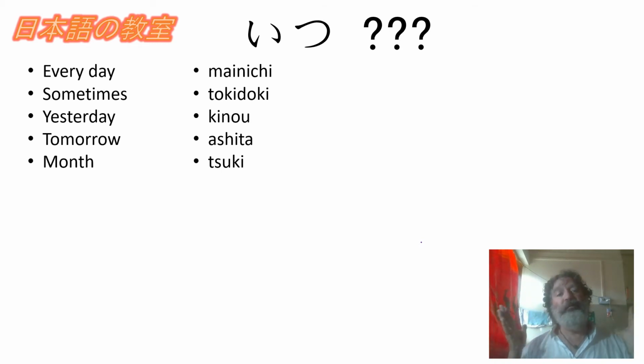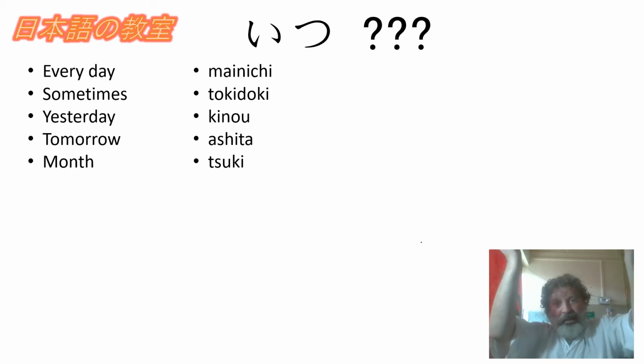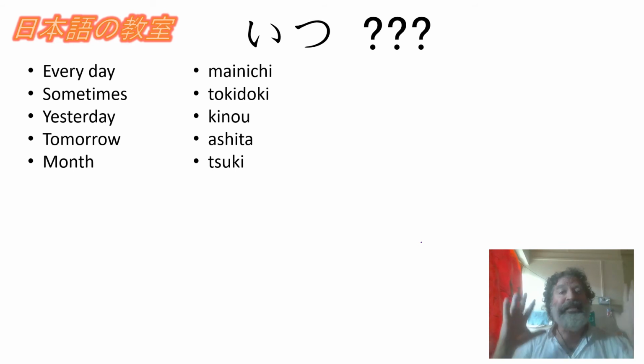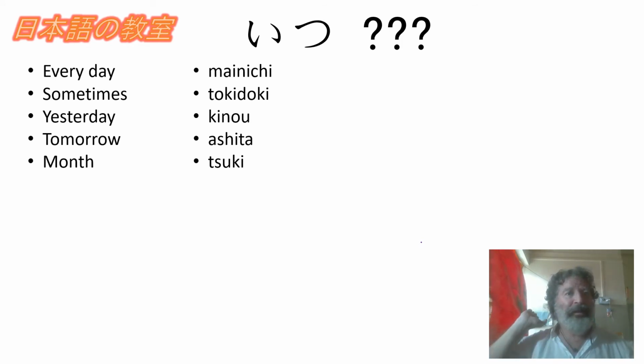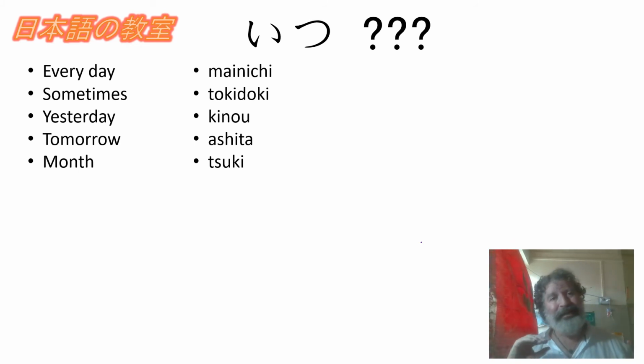The moon is often exalted by using the word sama. Normally, a normal person is san. Whatever your name is, Rajesh-san, Joe-san, Aki-san, Akira-san.